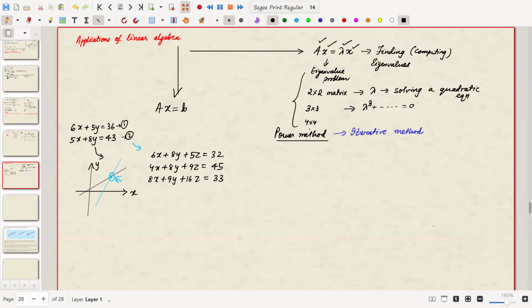Now instead of straight lines, you have to deal with planes. Each of them represents a plane in 3D. This is one plane P1, which intersects maybe in a line, or maybe at a point also. So the solution is complicated.